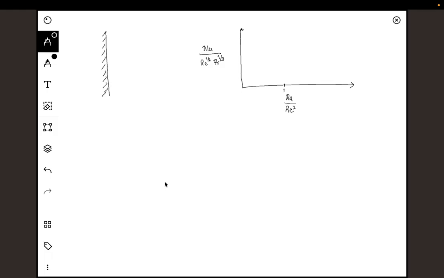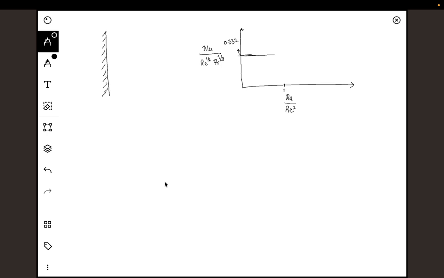If I make a plot between these two, when the values are very much less than 1, this will be close to some particular constant that we already got before, which for a flat plate is around 0.332, that we already obtained when we were solving the Pohlhausen solution.